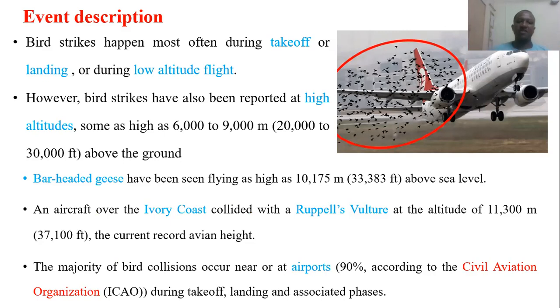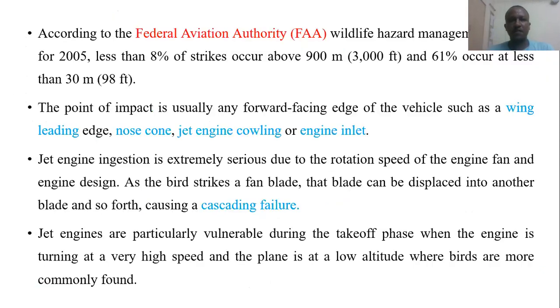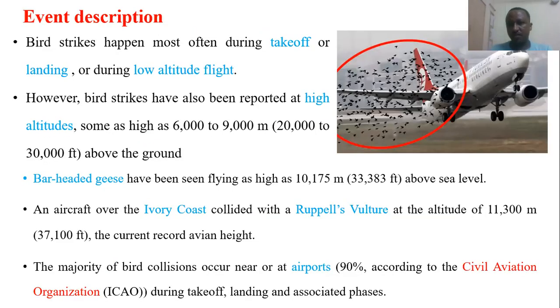The majority of bird collisions occur near or at the airport. According to civil aviation, 90% of bird strikes happen during landing and takeoff near the airports. So this is the situation during takeoff.